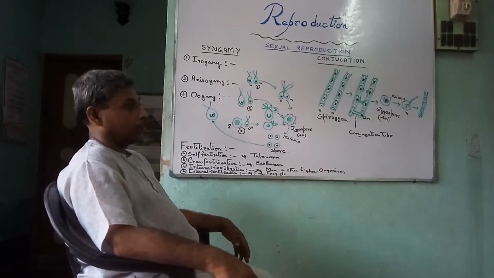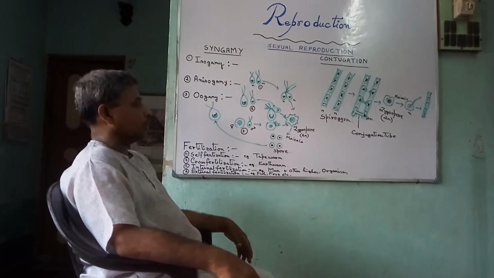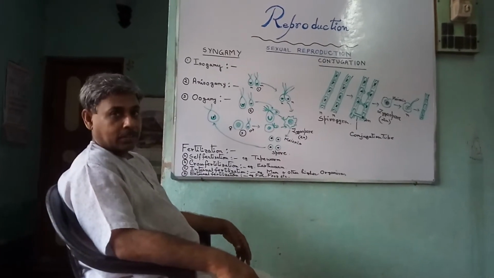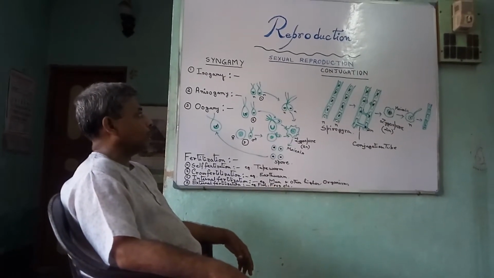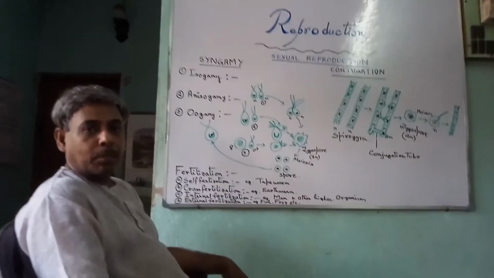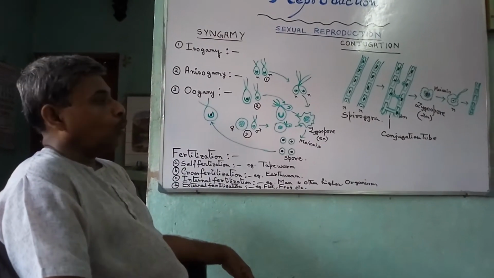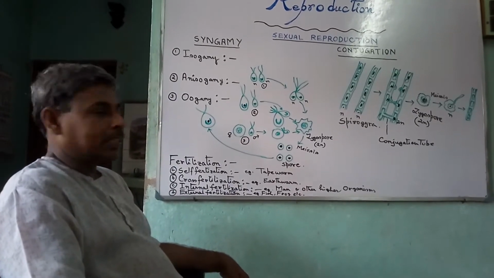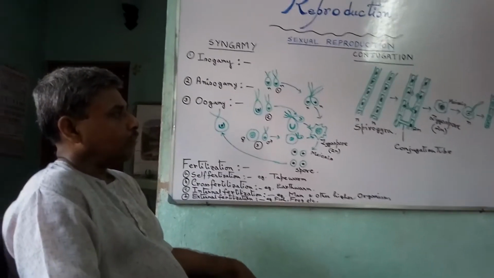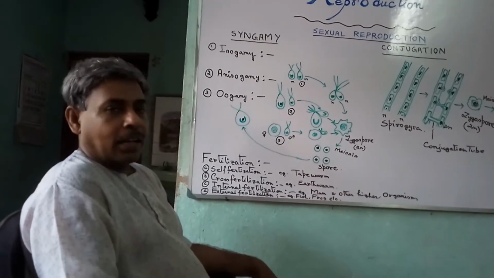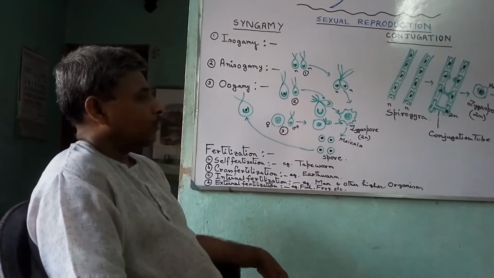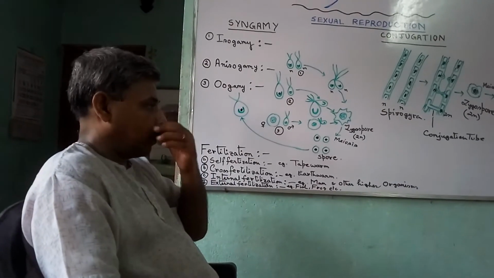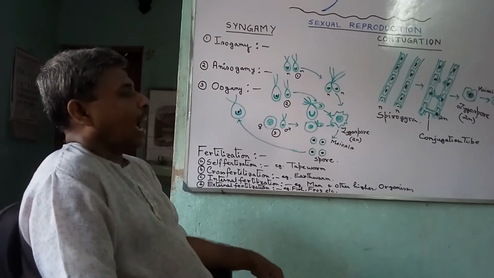The disadvantages of sexual reproduction are, number one, more gametes are produced, and most of the gametes get destroyed after the formation, and the success depends on probability.